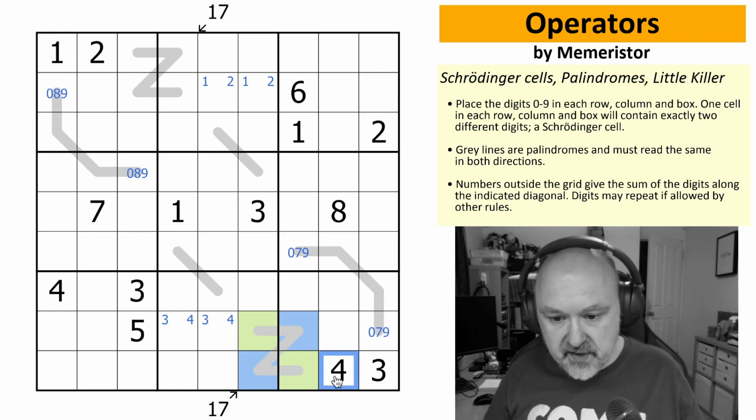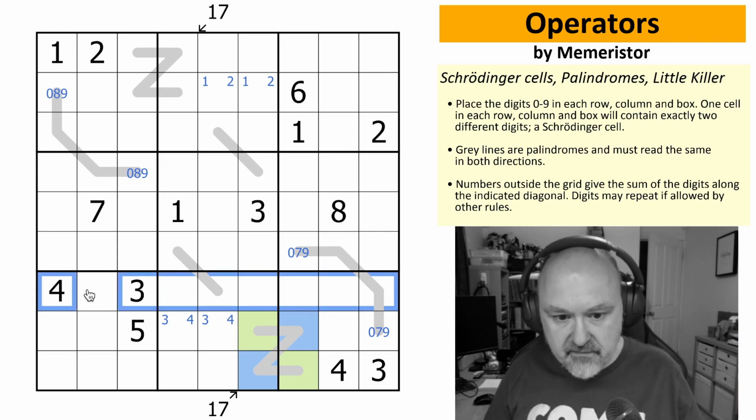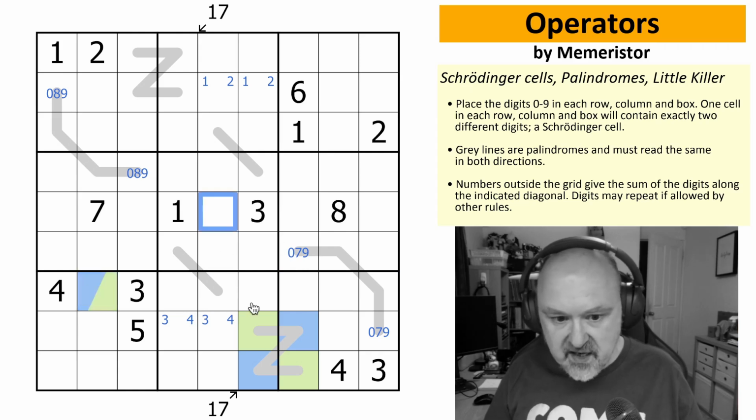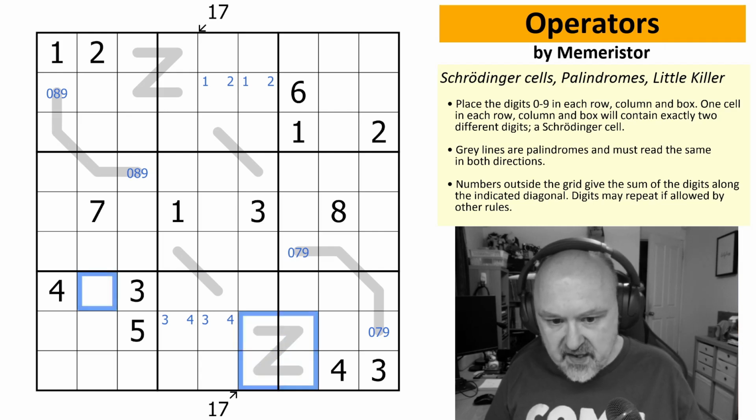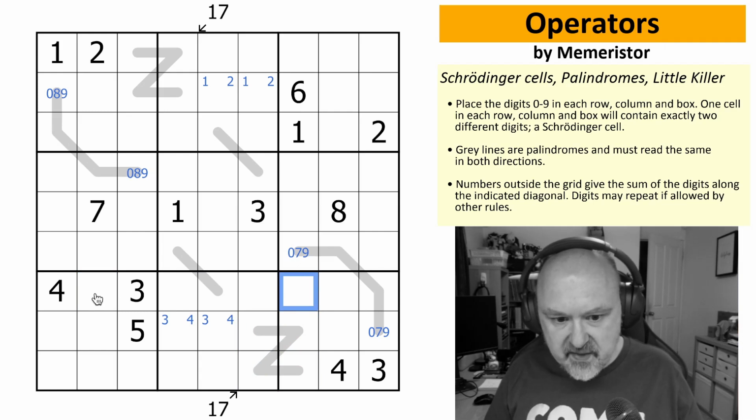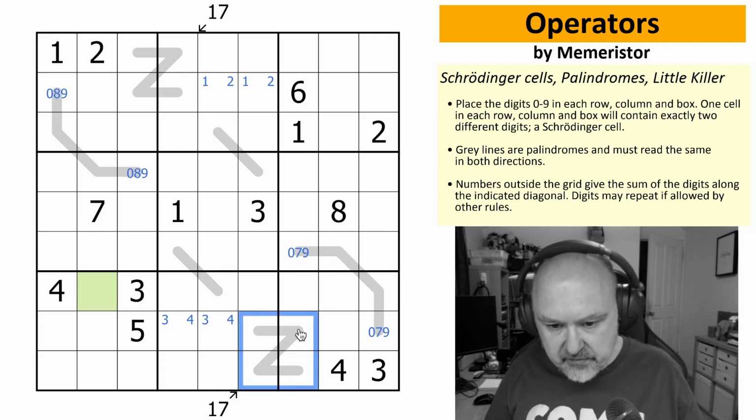Because green and blue cannot be 3 and 4. They cannot go in those cells, they cannot go in those cells, and they are not 3 and 4. That is green and blue. Now, I'm not going to colour it that way. Instead I am going to say this is a Schrödinger cell because it must contain whatever is on this palindrome.